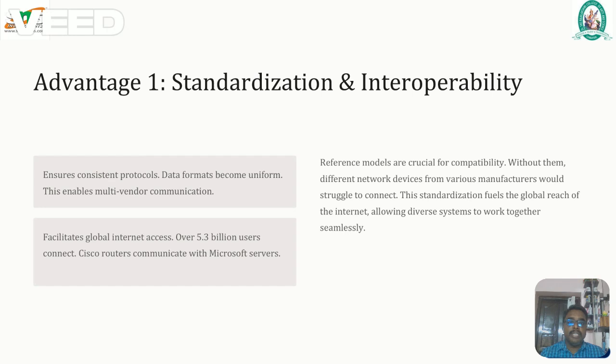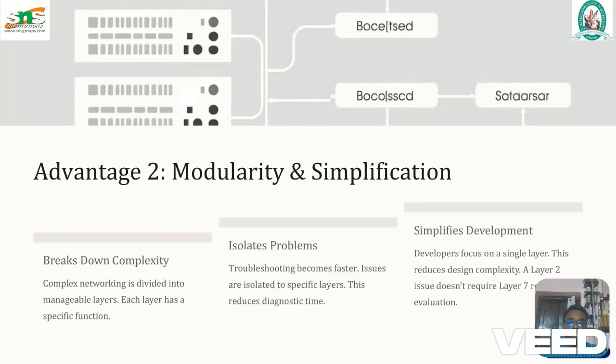It also facilitates global internet access. Just imagine 5 billion users connected on a similar kind of platform throughout the world. And here the Cisco routers and Microsoft servers are most popularly used. So here standardization and interoperability are achieved because of a uniform format.